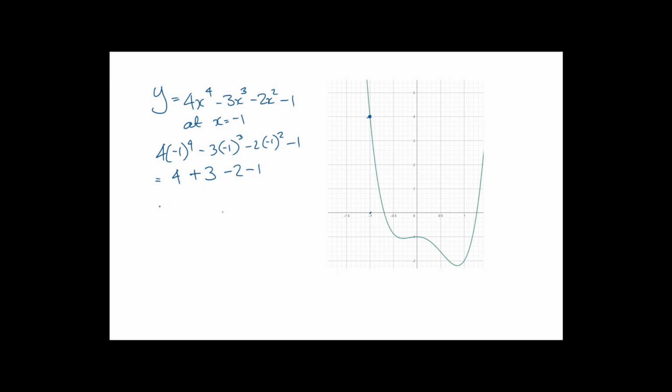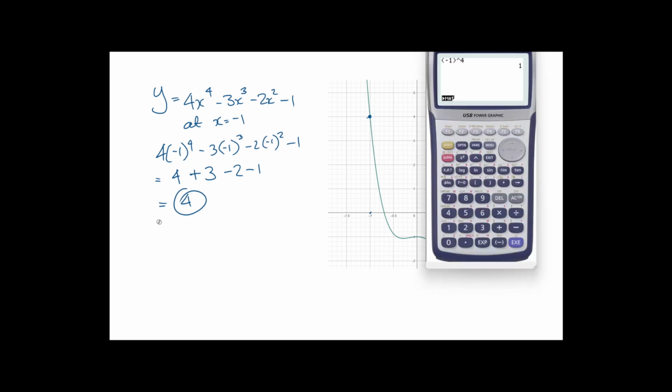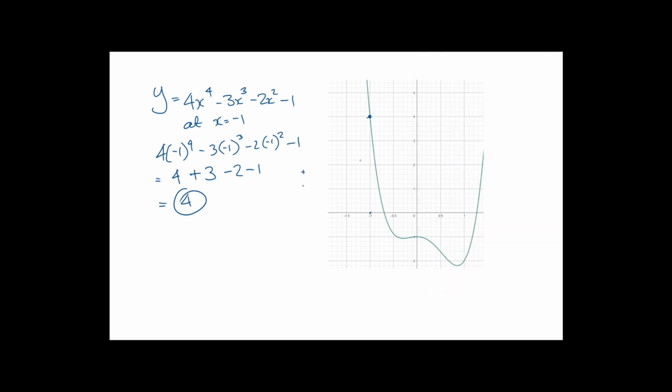And minus 1. That's going to be 7 minus 3, which is 4. So it is 4. I know that because when you raise -1 to an even power it becomes positive, and to an odd power it stays negative. Okay, so we know that the point (-1, 4) is the point that we're looking for.